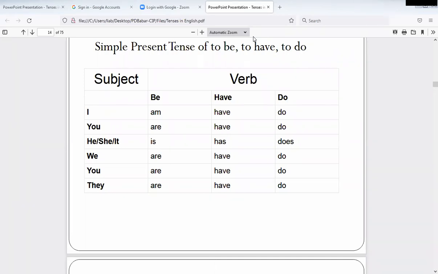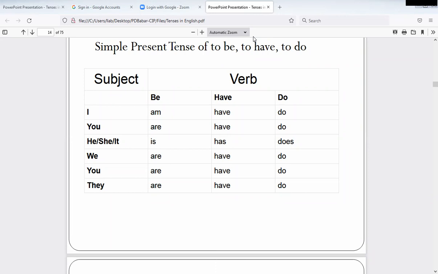You have a practical today at 3 o'clock. That have is the word which shows the possession. I have a car, you have a teacher, you have a bike, you have a cycle. So have is the word which shows the possession, and we will use only have after you.